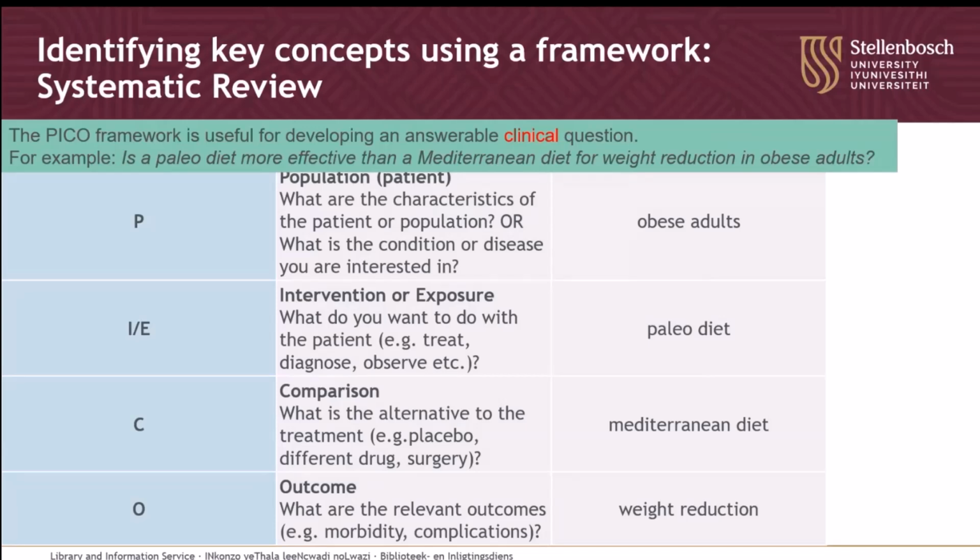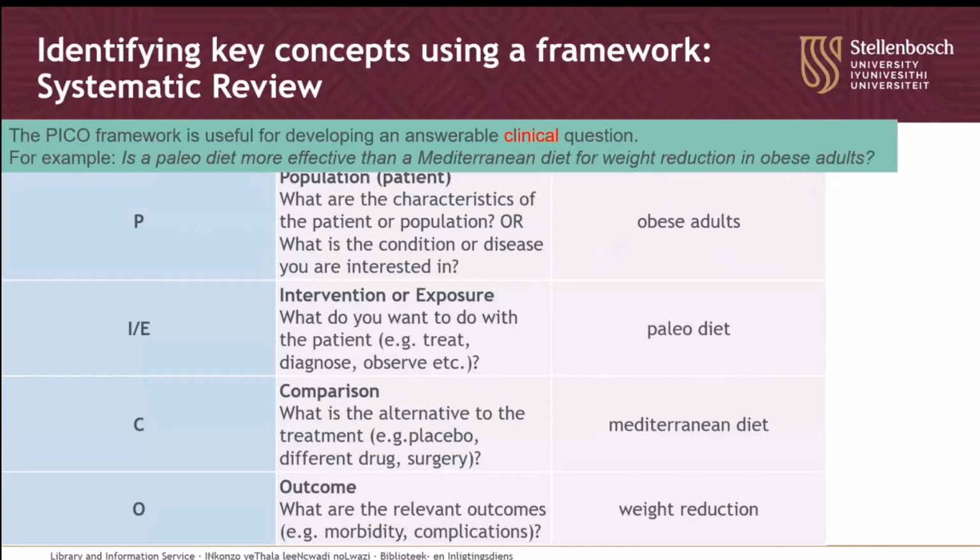Then, in this instance, we do have a comparator. Sometimes you don't have a comparator, then you just leave that out. But in this instance, we do. The comparator, or the comparison, is the alternative to the treatment. So here we have the Mediterranean diet. We want to see which one of the diets is better than the other, so the Mediterranean diet becomes our comparator.